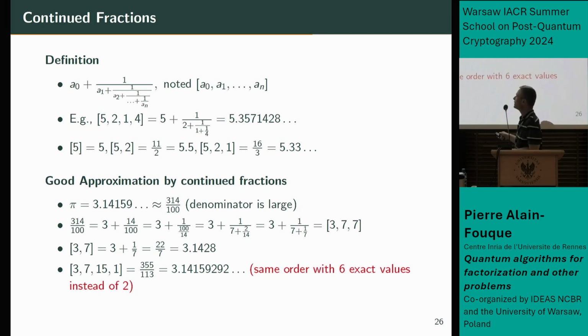But using a continued fraction, you can see that you have 6 correct digits, instead of here where you only have 2 correct digits. Okay, so continued fraction allows you to have a very good approximation of irrational and rational numbers.